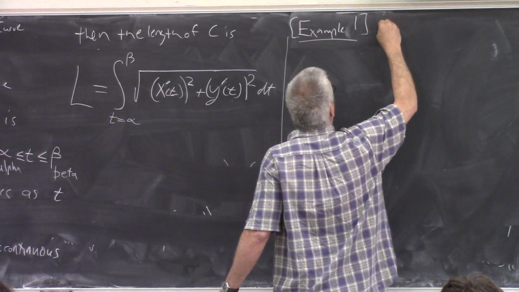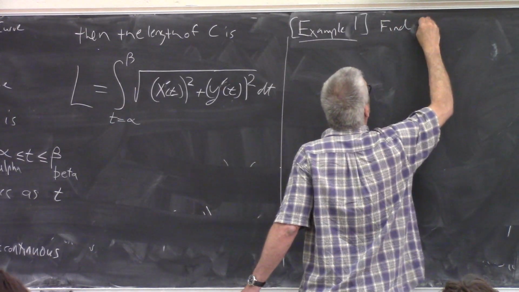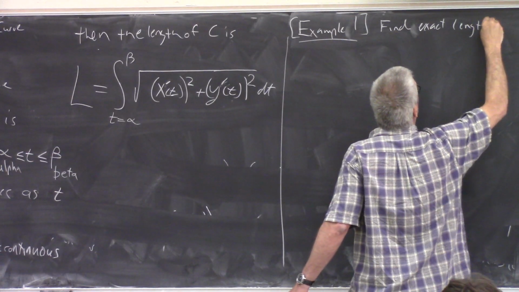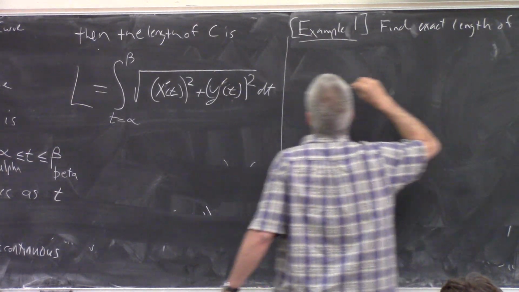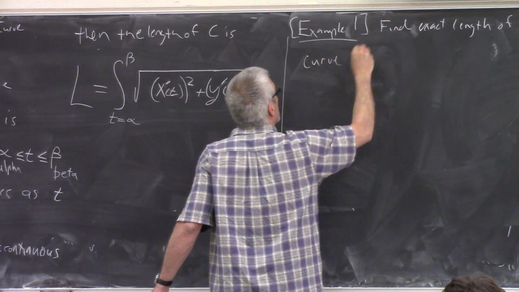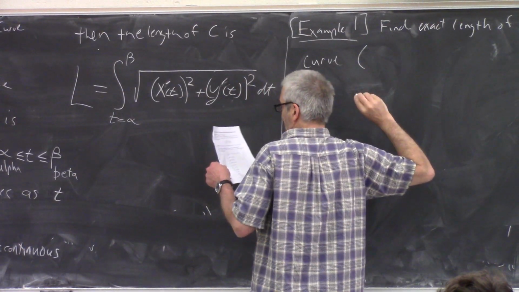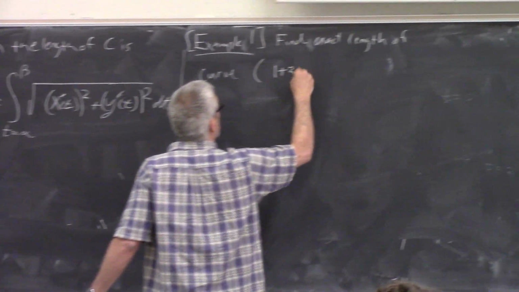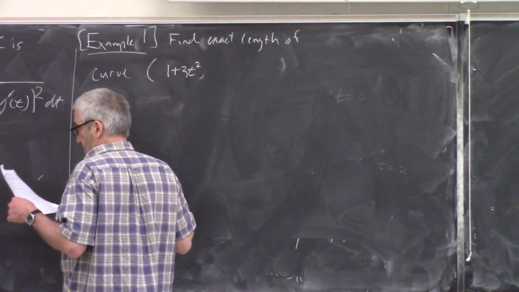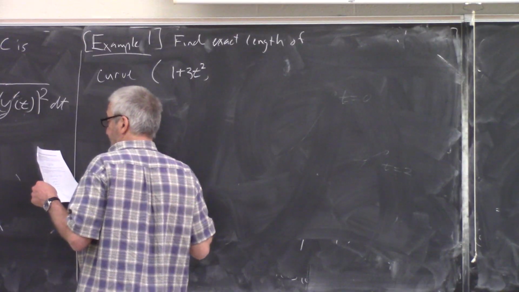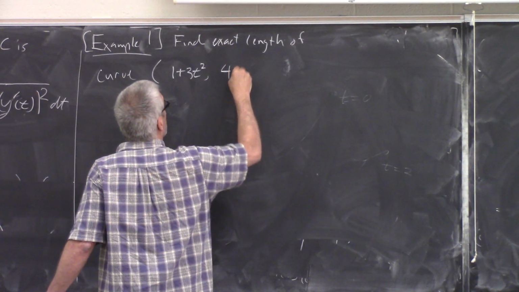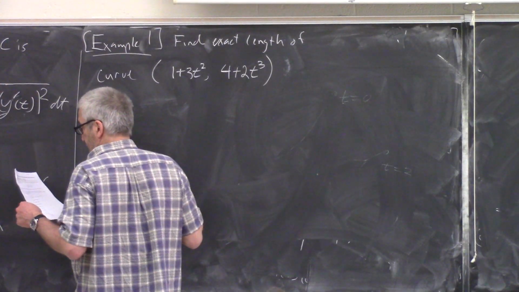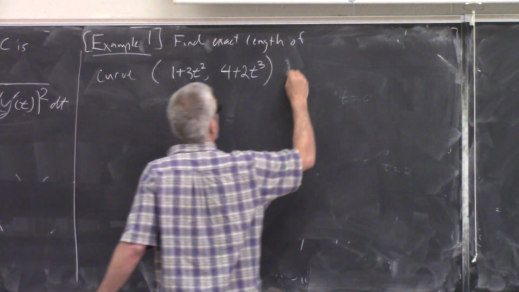Find the exact length of the curve 1 plus 3t squared, comma, 4 plus 2t cubed, for t between 0 and 1.